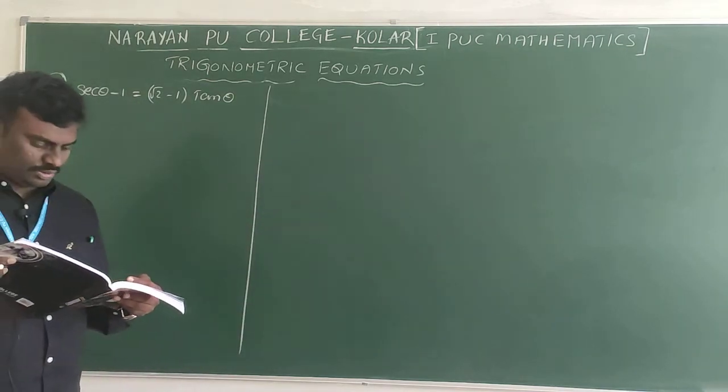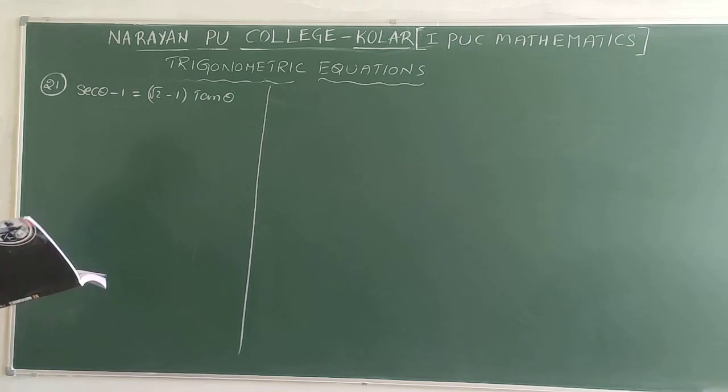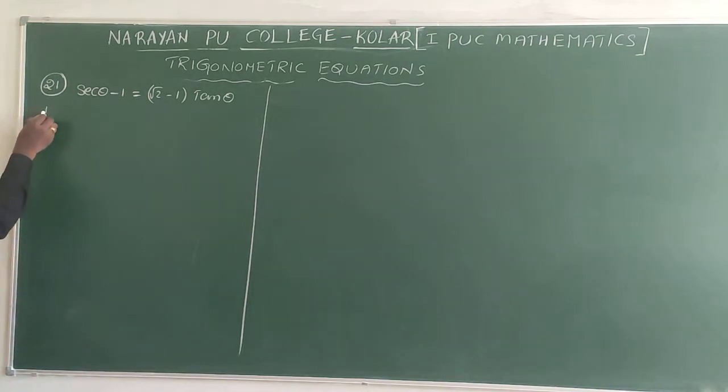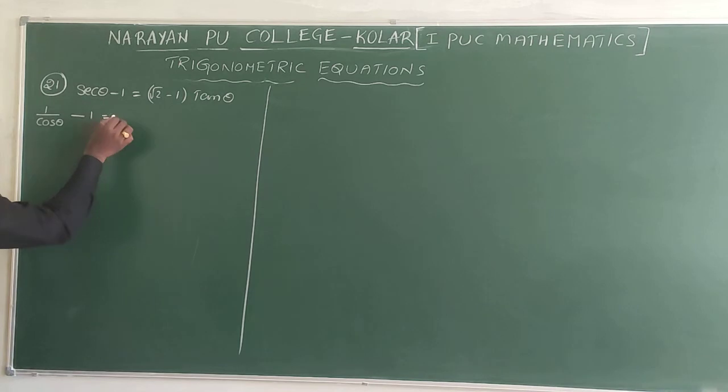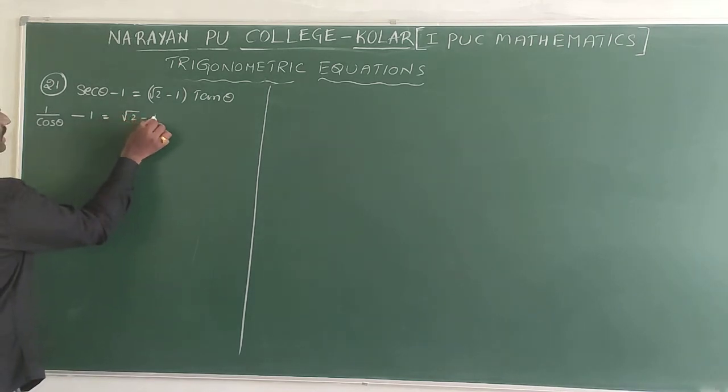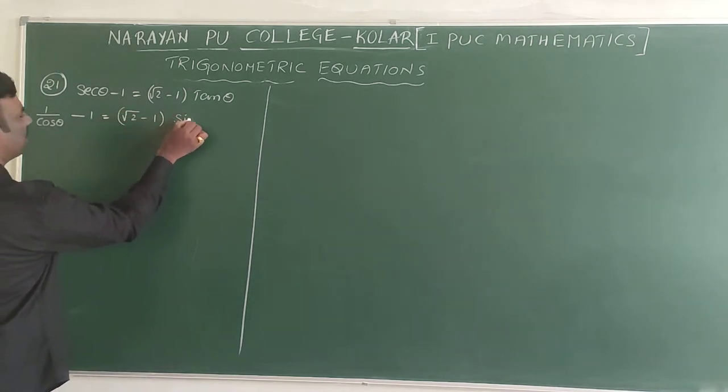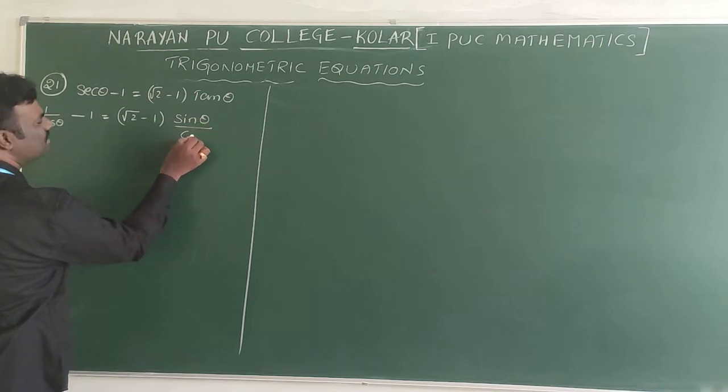And one more thing, the theta value is not given in any format. Then this secant theta can be written as 1 by cos theta minus 1 is equal to root 2 minus 1 into tan theta, which can be written as sin by cos.